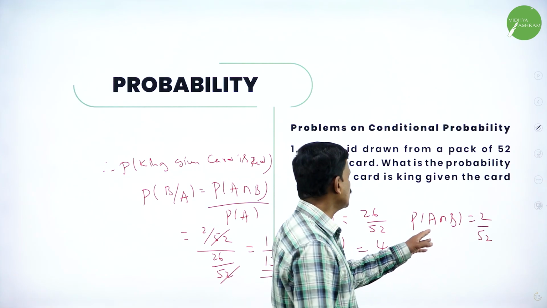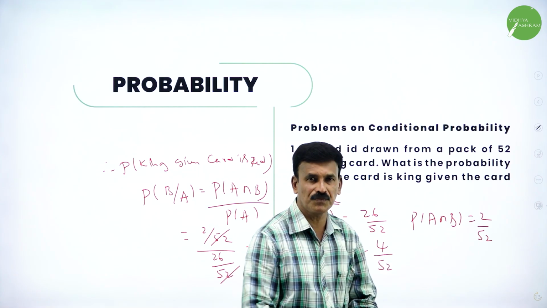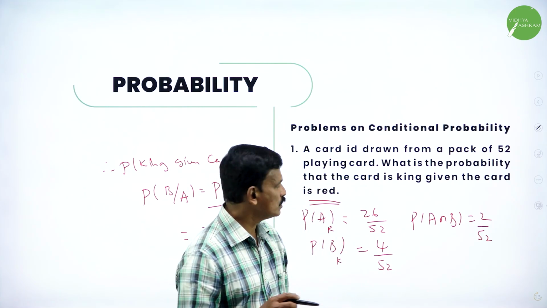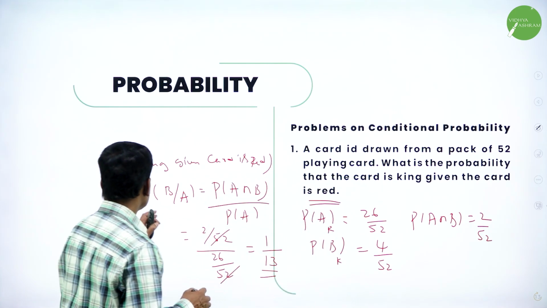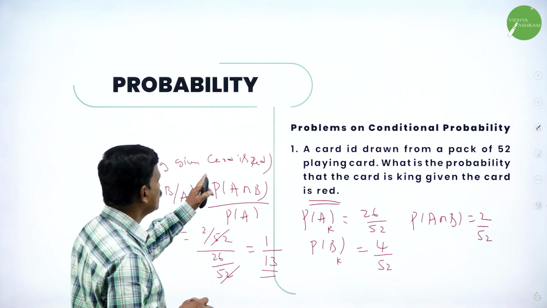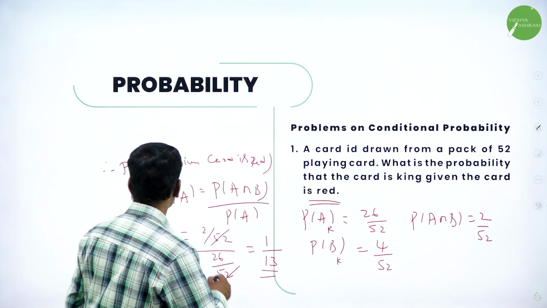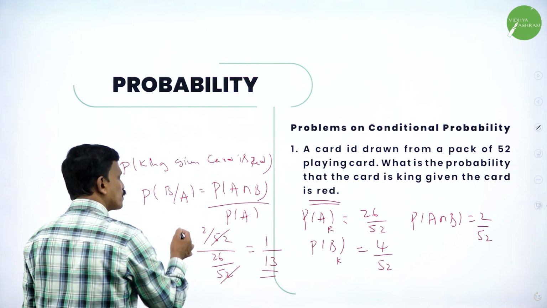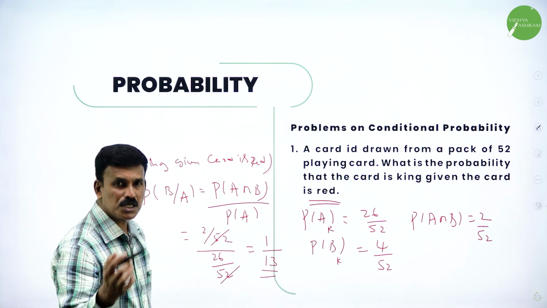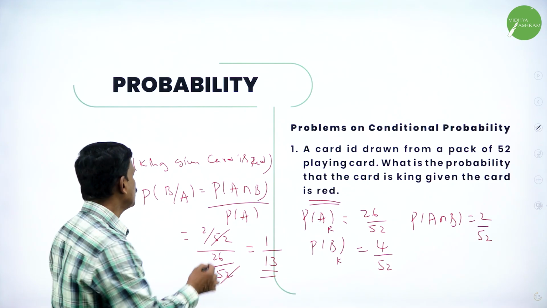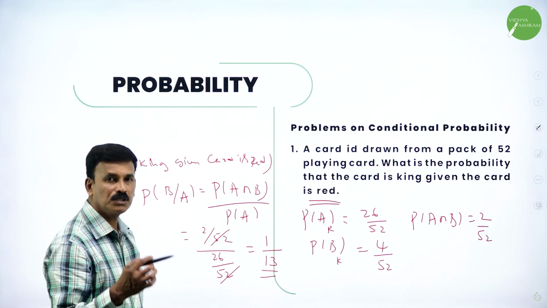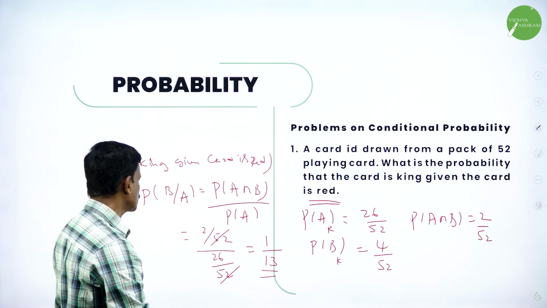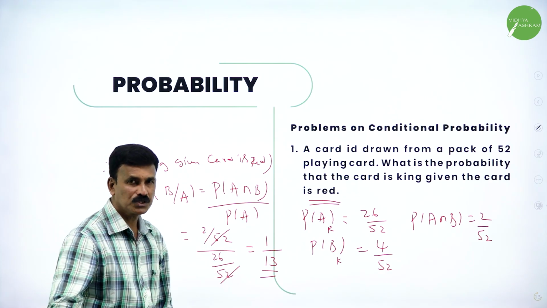A intersection B is equal to 2 by 52, since the king cards of diamond and heart are red. What we need is the probability of king given that it is already red, meaning A has occurred, so probability of B by A. The formula is probability of A intersection B divided by probability of A, that is 2 by 52 divided by 26 by 52, which is equal to 1 by 13.